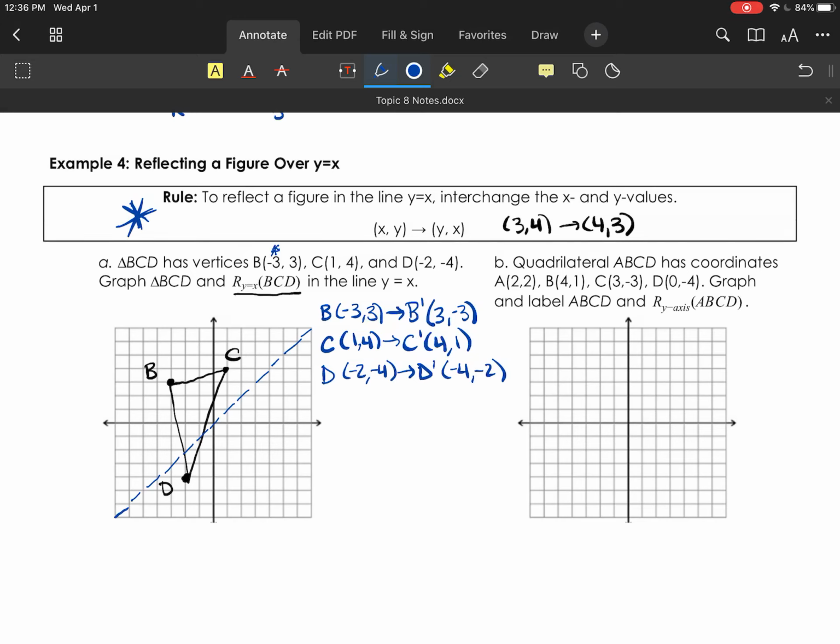Now you have your 3 new points that you're going to plot. So B prime is at (3, -3). Here's B prime. Yes, you're going to be like, are you sure this is a mirror image? Yes, it works out. I promise. You'll see it in the end. C prime is at (4, 1). And D prime is at (-4, -2).